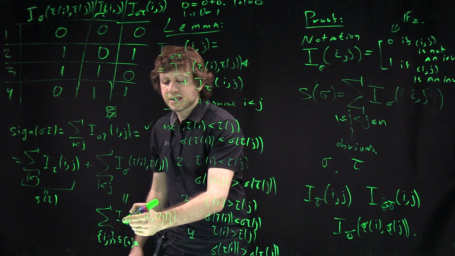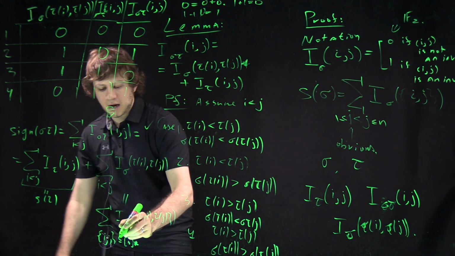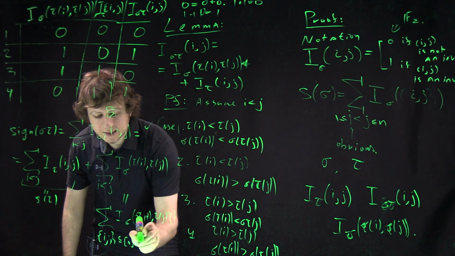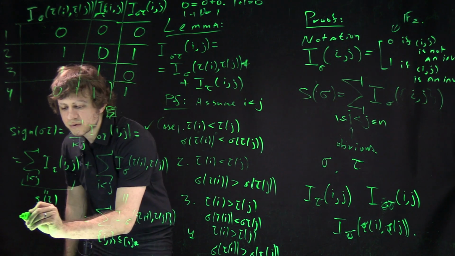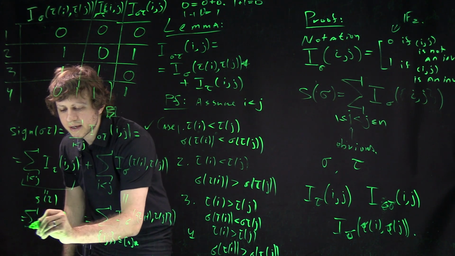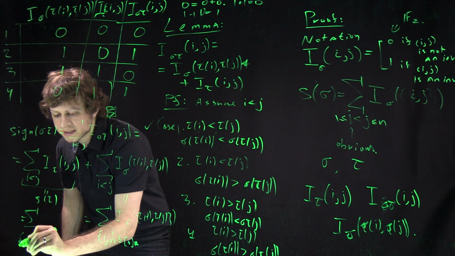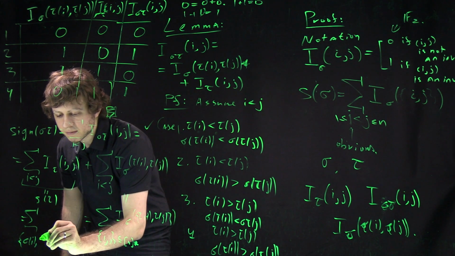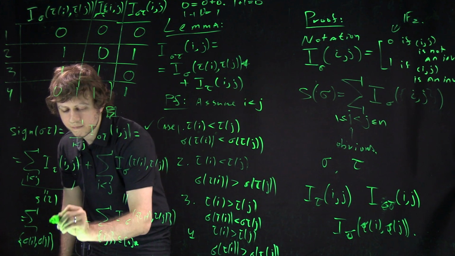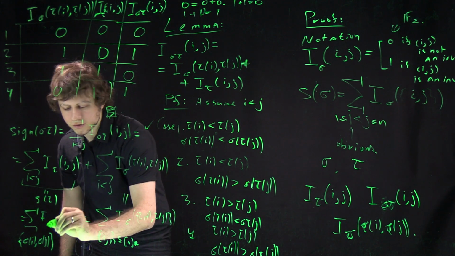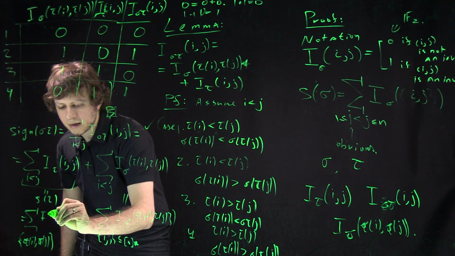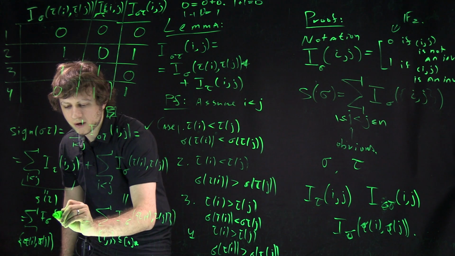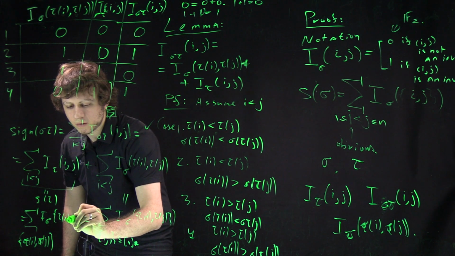But if you instead relabel the subsets, that of course is absolutely the same as summing over all pairs tau of i, tau of j, of I sigma of tau of i, tau of j.